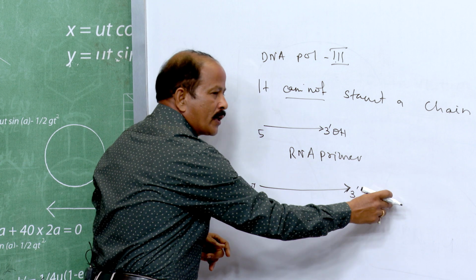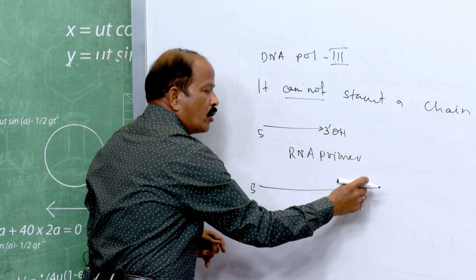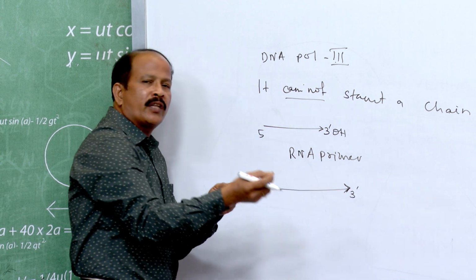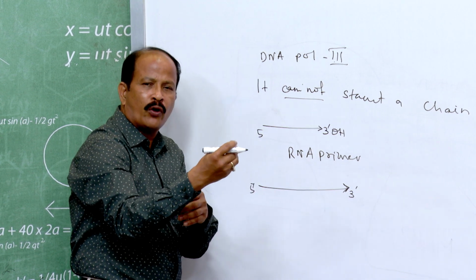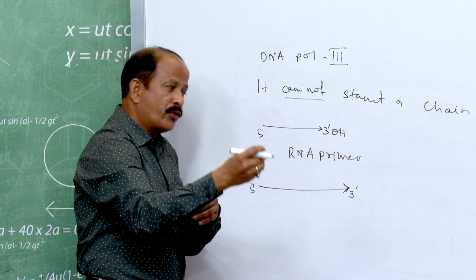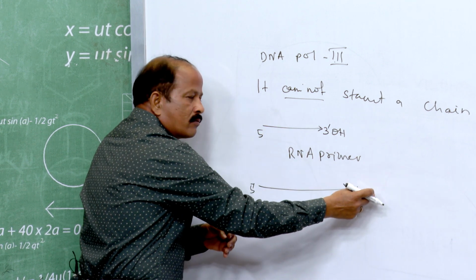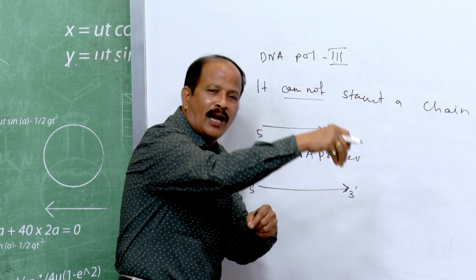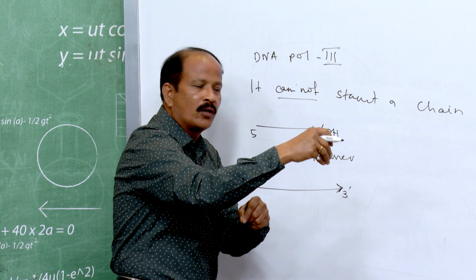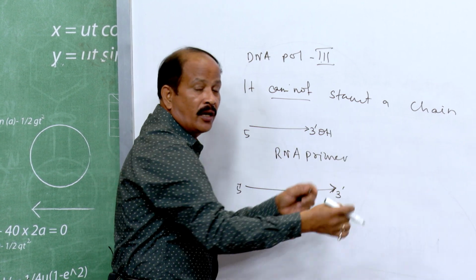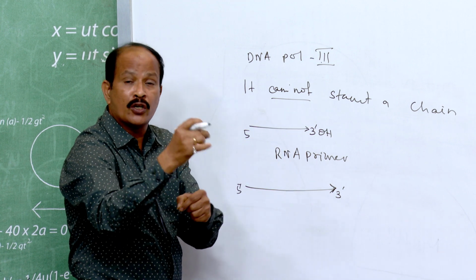It goes for polymerization, it adds new nucleotides to the growing end, but whenever a wrong base or nucleotide is incorporated, it comes back, excises the wrong base and removes it, then a new base is incorporated.